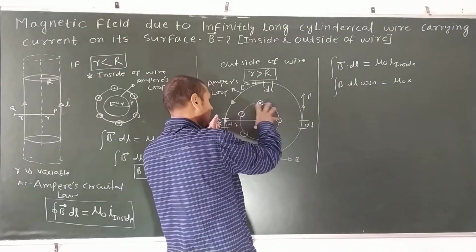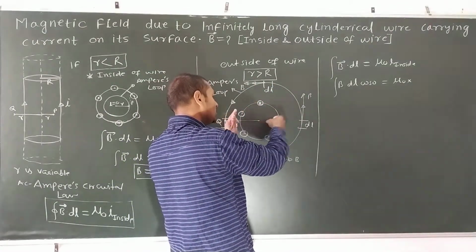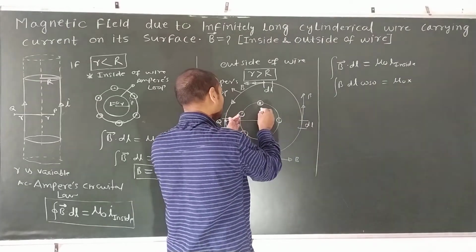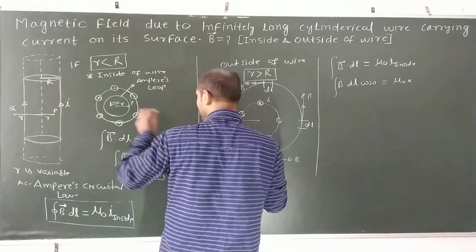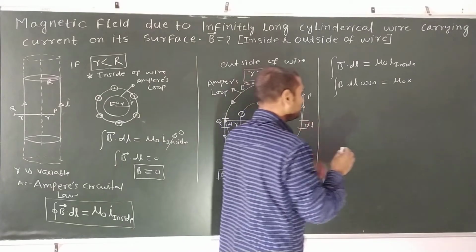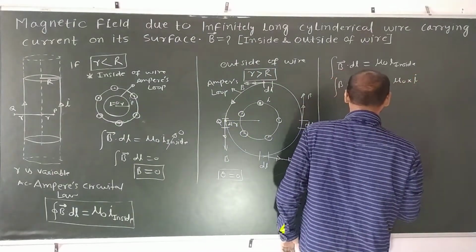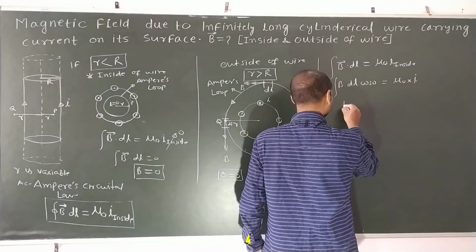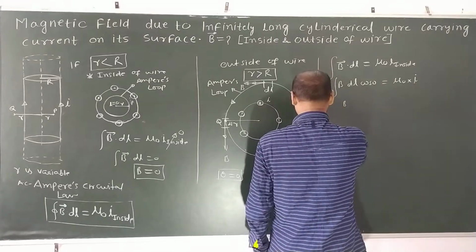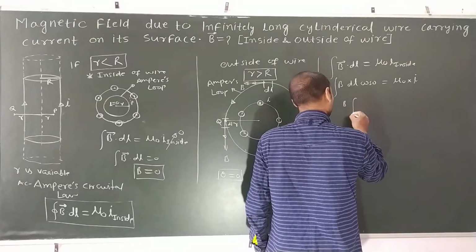Here the loop is outside of that wire, so all the current is present inside the loop. The amount of current is I, so we put I here, and B comes out of the integral because B is constant.